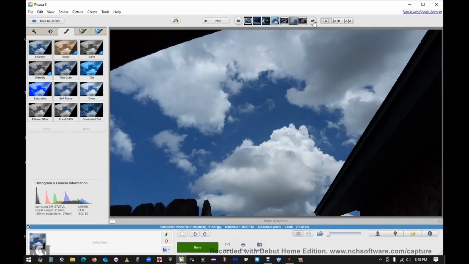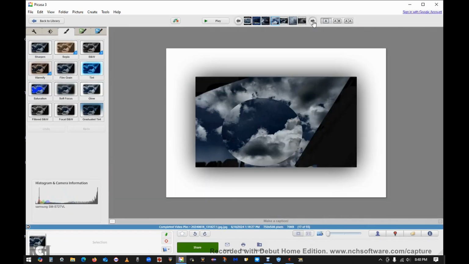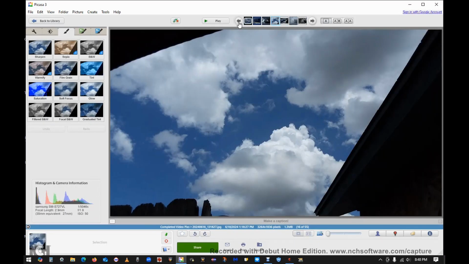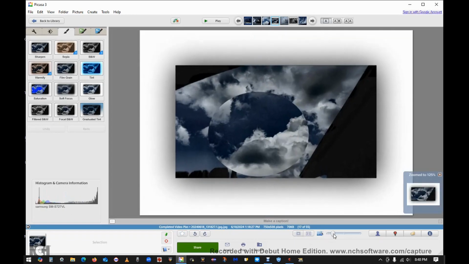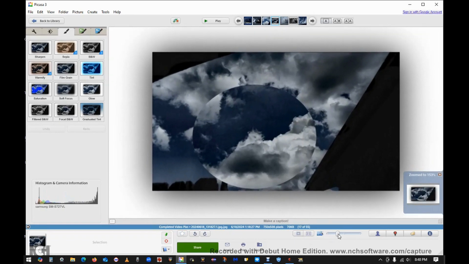What is this? Let's take a look. Oh, this thing was up there on the clouds looking. Okay, there it is right here. It was sitting up there looking. Look at that.